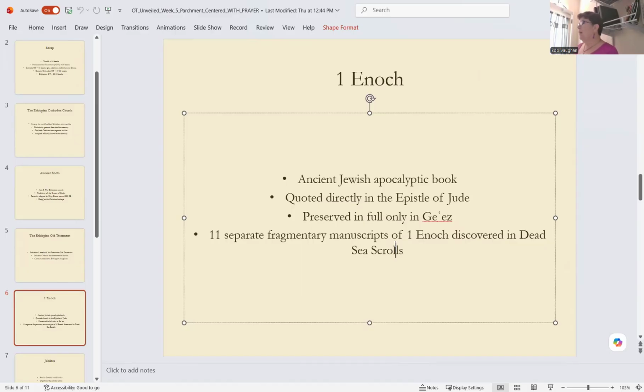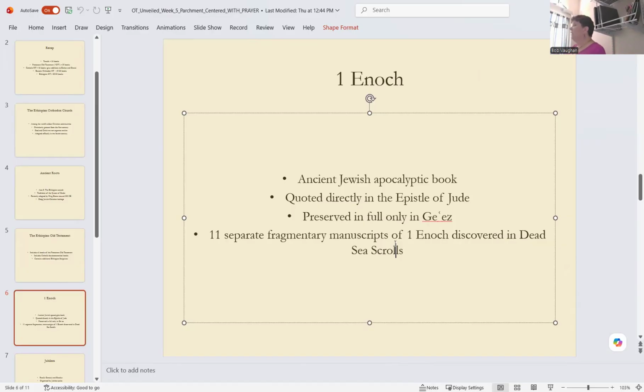First Enoch is attributed to this guy, Enoch, but as we talked about last week, lots of times books are attributed to famous people from the Old Testament who may or may not be the actual authors. First Enoch contains 108 chapters. It was composed in stages over 200 years, from 300 BCE to 100 BCE.